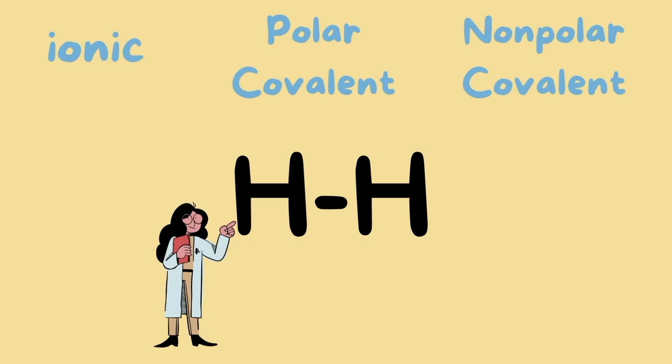Hydrogen is a non-metal, so this is actually non-metal and non-metal, so it's not ionic, it's covalent. Now let's determine if it is a polar or non-polar covalent bond. Because it is a diatomic molecule and is the exact same atom attached to each other, that means the electronegativity is exactly the same. So this is a non-polar covalent bond.